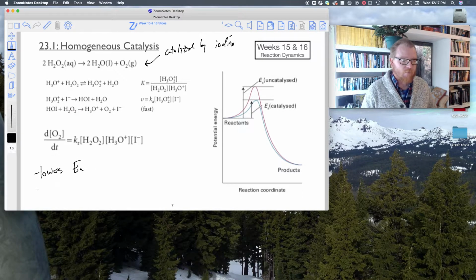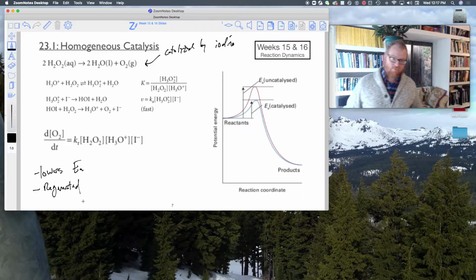The other classic definition of a catalyst is it is regenerated in the mechanism, which is what helps contribute to the speed of the reaction, not only in the reduction of the activation energy, but it keeps the reaction moving along, okay? So for example, this is the real mechanism for this reaction, and it's a lot more complicated than what you typically see in the classic textbook mechanism.